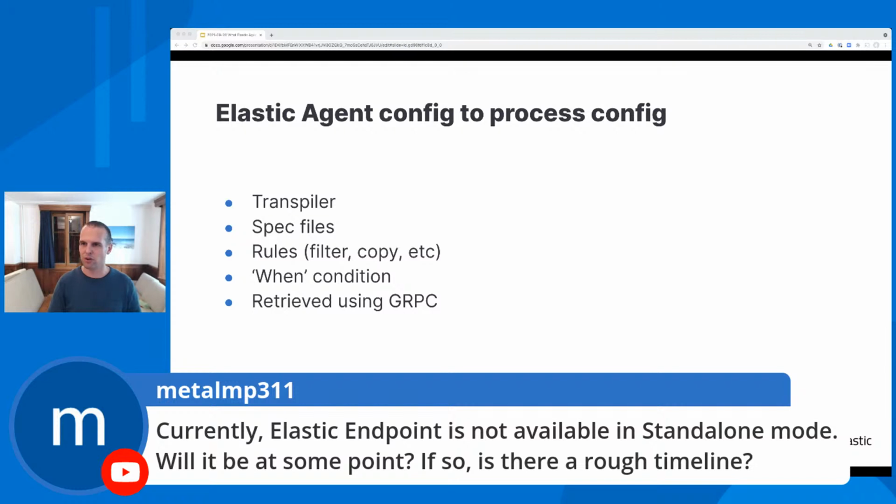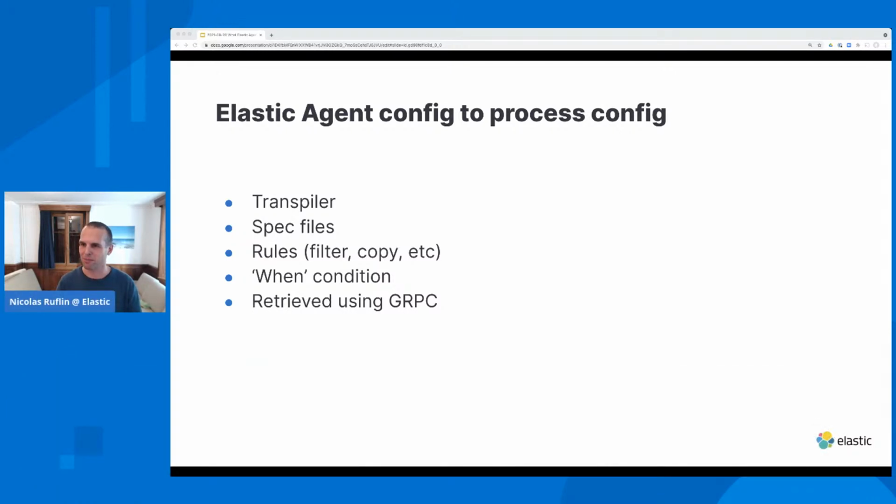As far as I know, it's not on the short-term roadmap. I would also challenge how useful Endpoint is when you cannot remotely configure it. But again, I'm not an expert on the Endpoint part, so it's probably something that should be asked on discuss.elastic.co. We never give timelines, but if it's even planned, we can probably answer there.